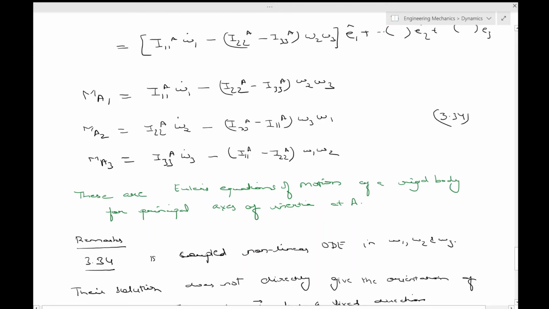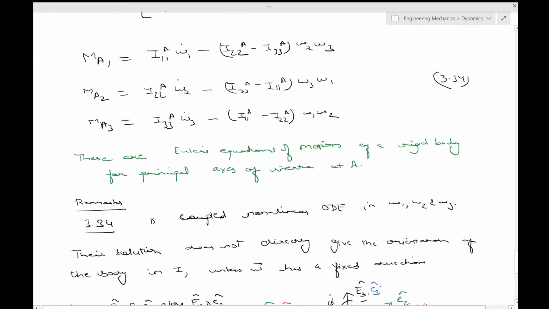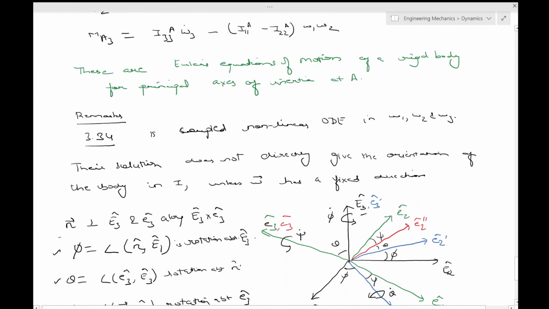So that's how these Euler's angles are useful in trying to solve these equations 3.34. If you represent them in terms of phi, theta and psi, then you should be able to solve them more easily. So this is one method to go about it.